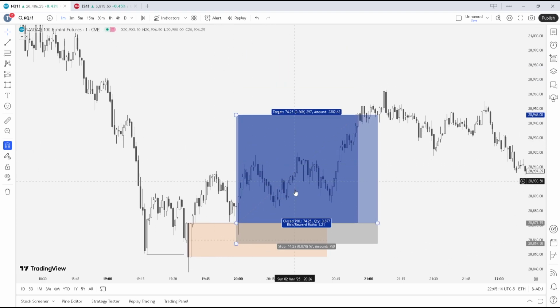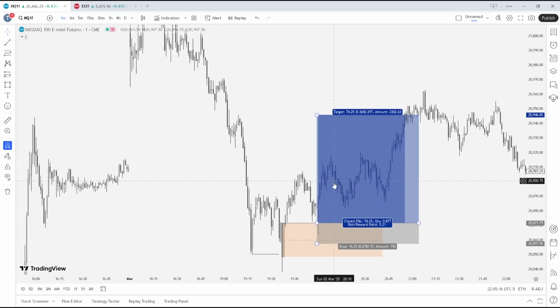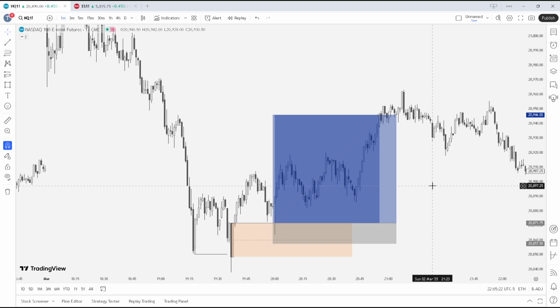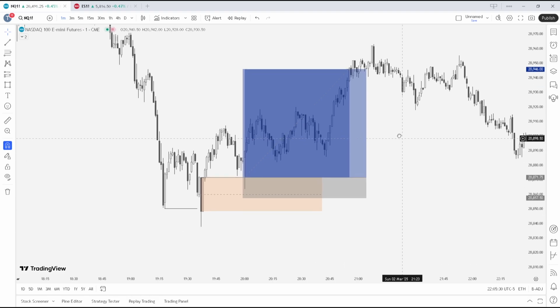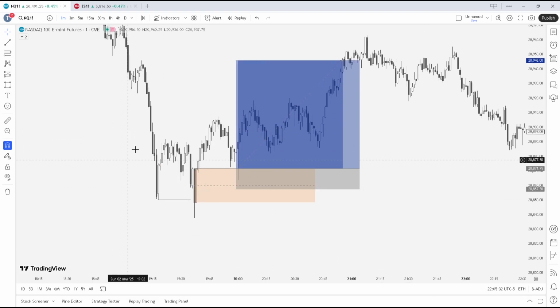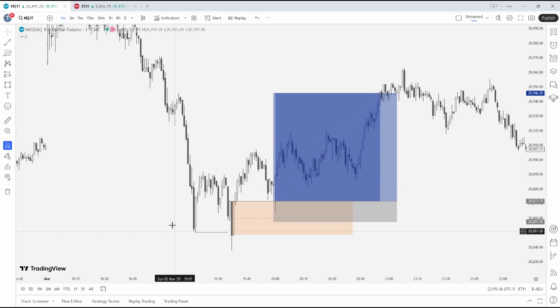You try to get a better RR, and it doesn't always work, but basically the difference between the order blocks that respect the mean threshold and the ones that don't just comes down to overall market conditions and how clean the order block is actually made.